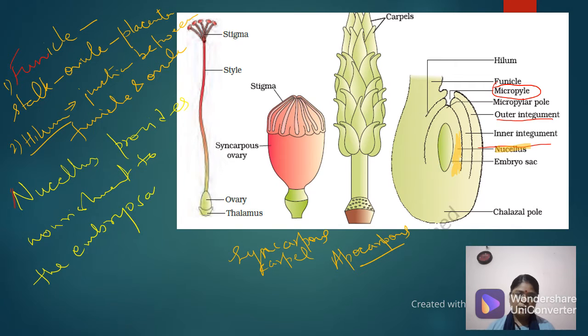It provides the nourishment to the embryo sac, and this is your embryo sac. And the end opposite to the micropylar end is known as chalazal pole. Okay, so with this we will move on, and we will see now how your megasporogenesis is happening.